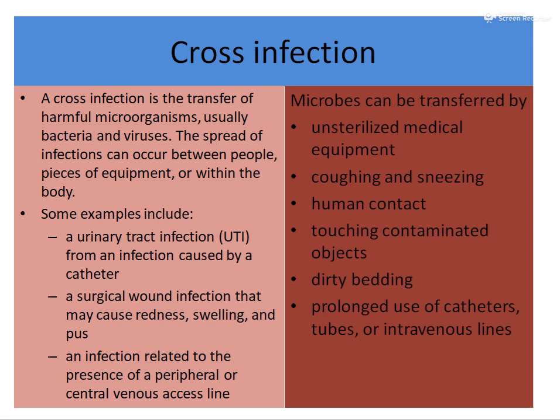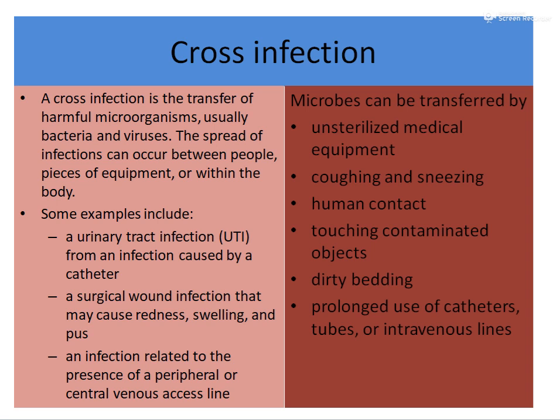Now we have the next one, the cross infection. Cross infection is the transfer of harmful organisms, usually bacteria and viruses, between people, pieces of equipment, or within the body. Let me give you some examples. Sometimes you might get a UTI from a catheter that was improperly sterilized.